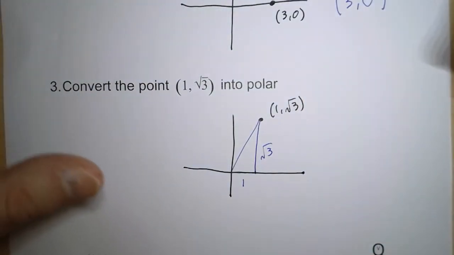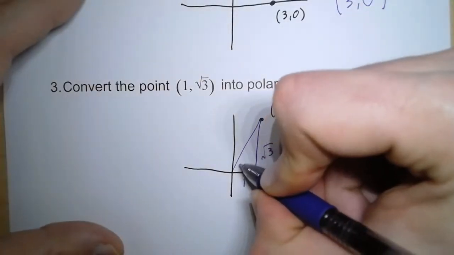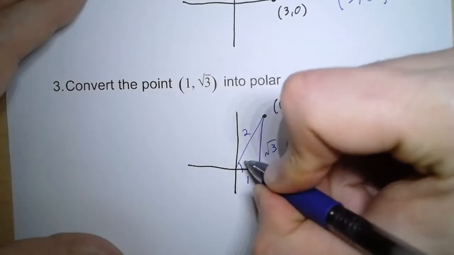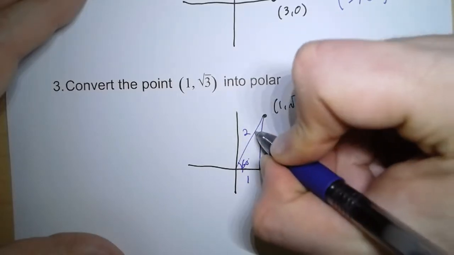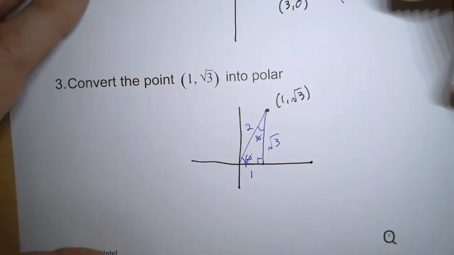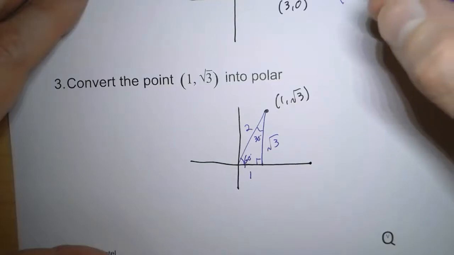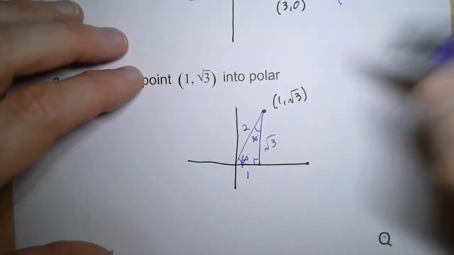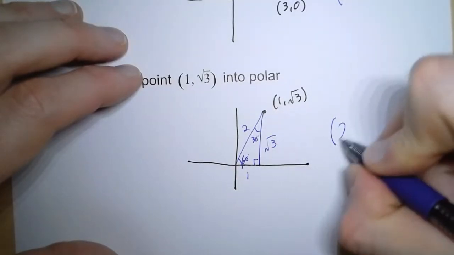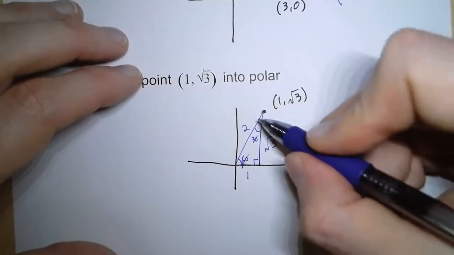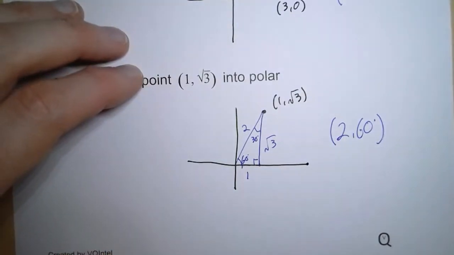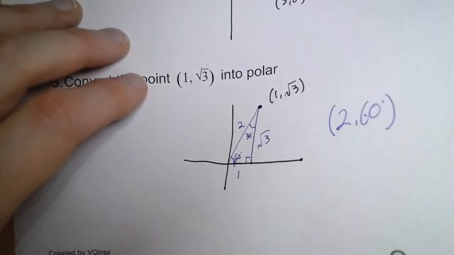Now if we remember our special right triangles, this is going to be a 2 here, and this is 60 degrees, and this is 30 degrees. This is a 30-60-90 right triangle. So therefore, our distance in polar from the origin in a straight line is 2, and the angle, the amount we had to rotate, was 60 degrees. And there's our point in polar.